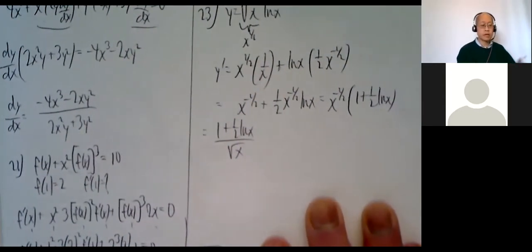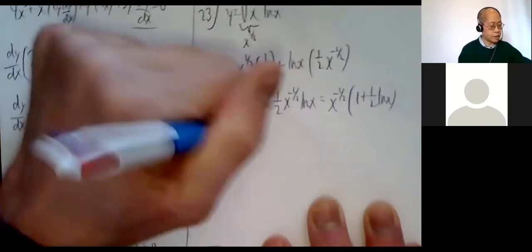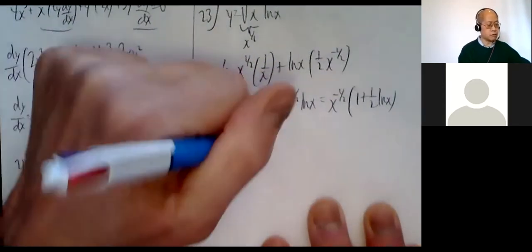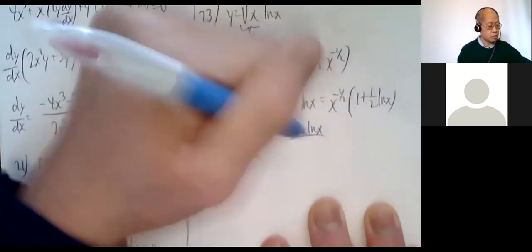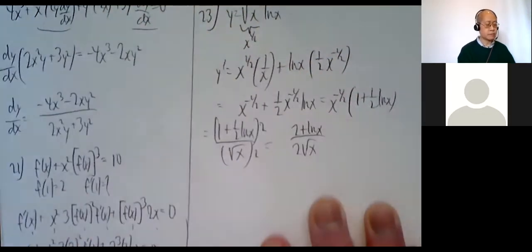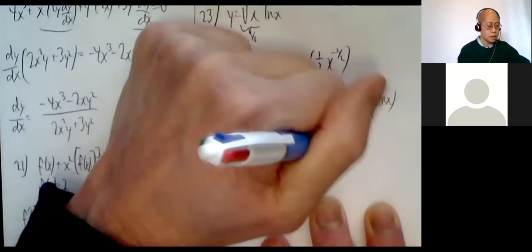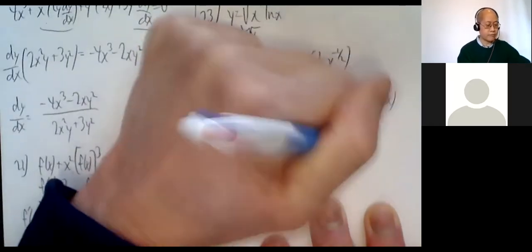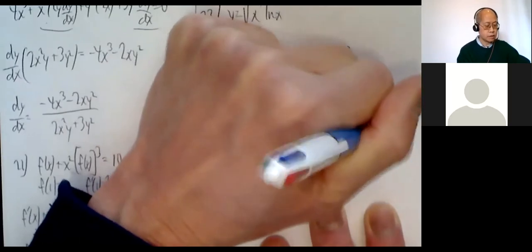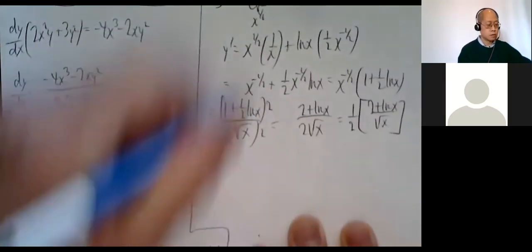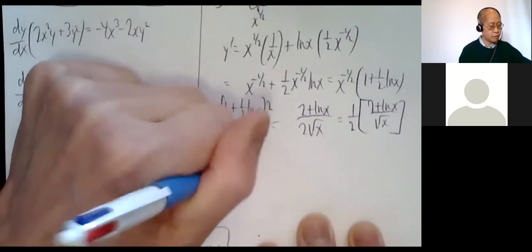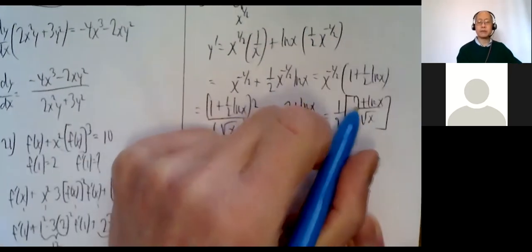So 1 plus 1/2 ln x over radical x. I don't like the half there, so before I take the second derivative, multiply top and bottom by 2, make it look nicer. 2 plus ln x over 2 radical x, which I'll treat as 1/2 times 2 plus ln x over radical x. Okay, so for the second derivative, I've written it as 1/2 times a function.